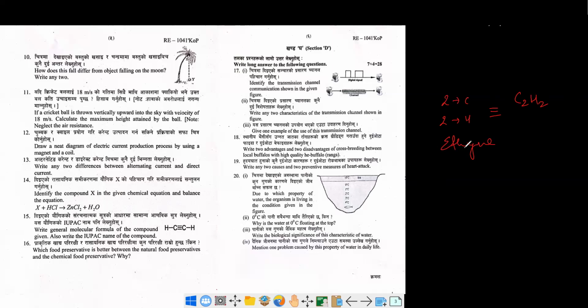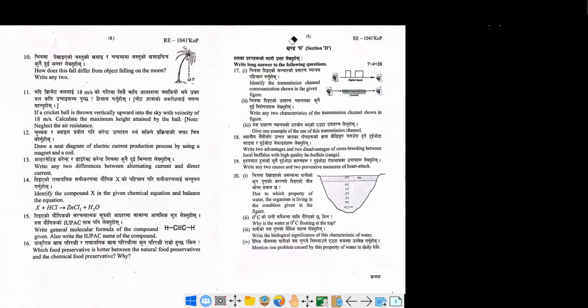So two means eth, triple bond means yne. This is how the IUPAC name is given. This is ethyne, not ethene, not ethane. This is actually ethyne. Okay, final.